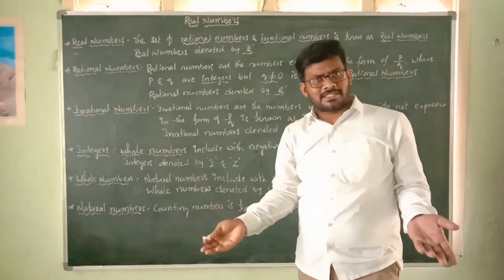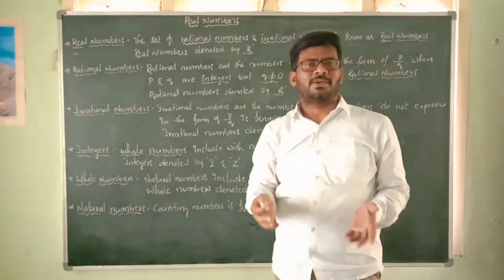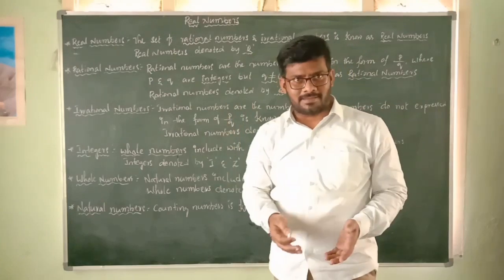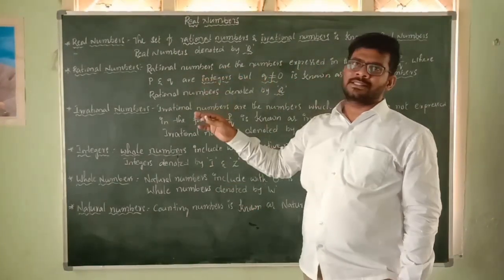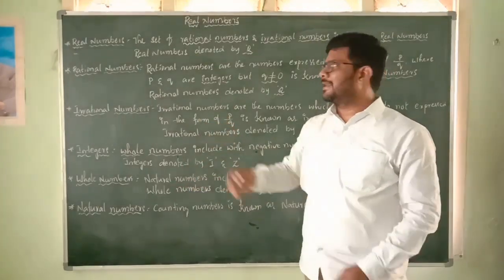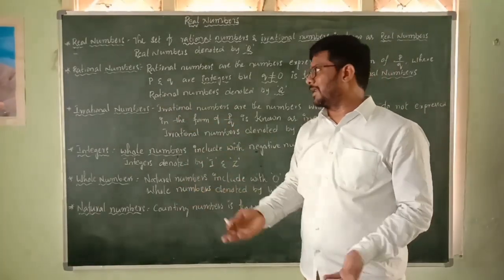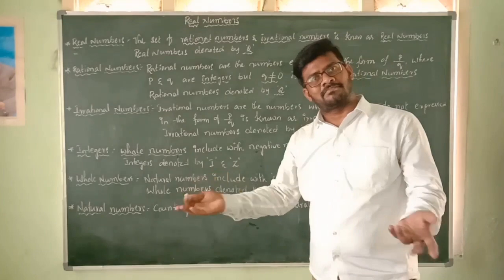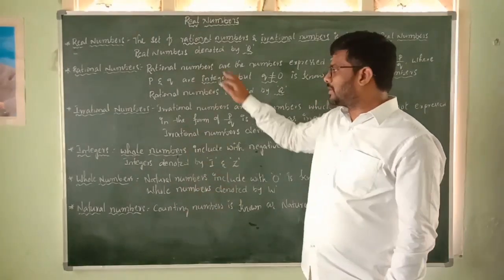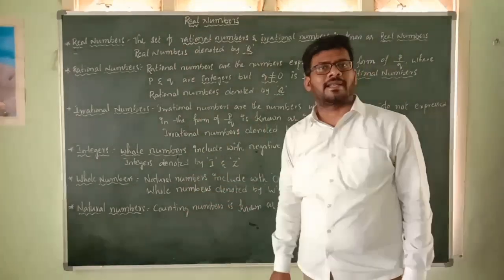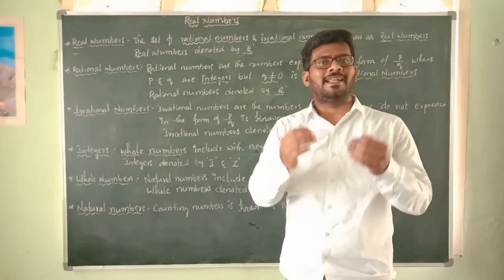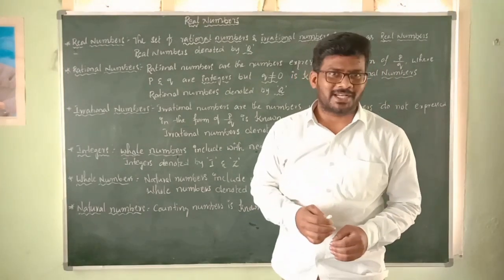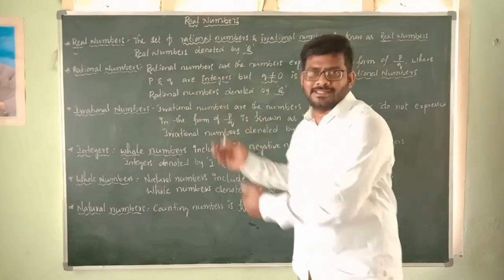If you don't know about rational and irrational numbers, you won't understand the definition of real numbers. Rational numbers, irrational numbers and integers are all real numbers. So don't forget our earlier concepts. That's why I tell all this.